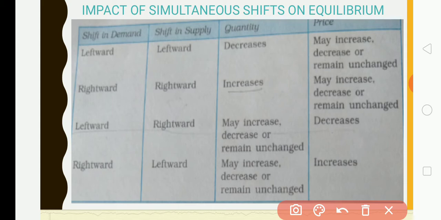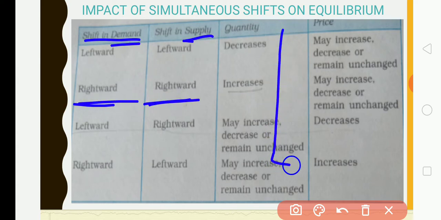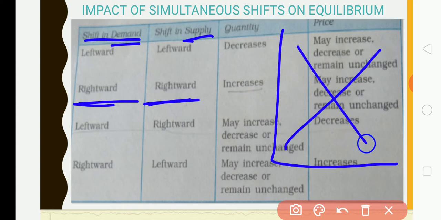The second possibility is the demand curve shifts rightward and the supply curve shifts rightward. When the demand and supply curves shift rightward, for example, here I draw the curves. This is the supply curve, this is the demand curve. Now the demand curve is shifting rightward; I'll mark it D1. So the demand curve is shifted to the right side. This green line indicates the rightward shift, D1, and the supply curve shifts rightward again.